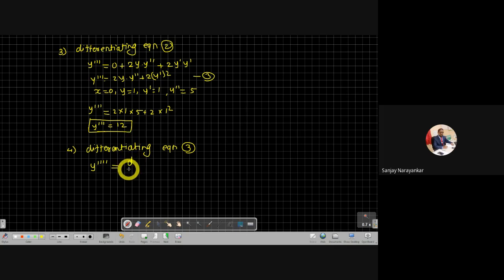So what we are doing is d y by d x is equal to differentiating 2y y double dash plus 2y dash square. Tell me, the derivative of this. We are differentiating 4 times.